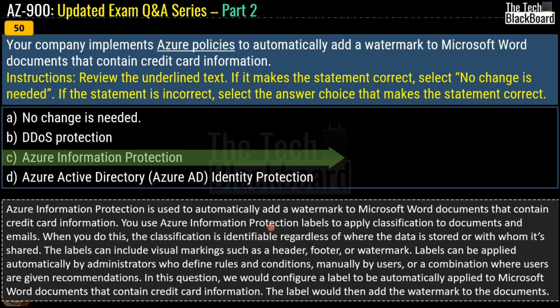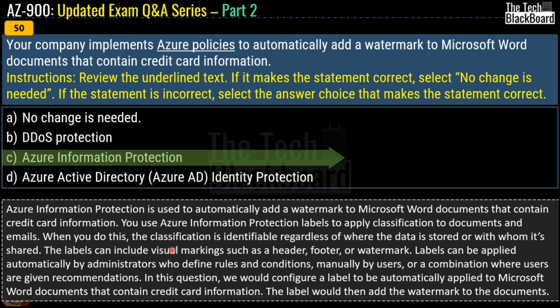You can use Azure Information Protection labels to apply classification to documents and emails. So do remember that it's not only Word documents but also emails which you can categorize using Azure Information Protection. Additionally, when you do this, the classification is identifiable regardless of where the data is stored or with whom it's shared.